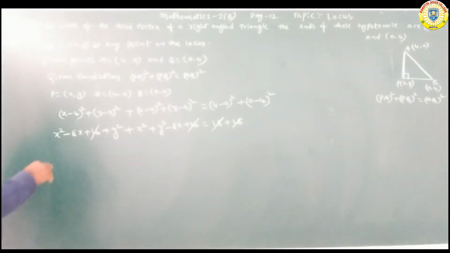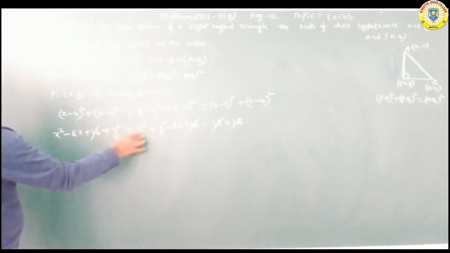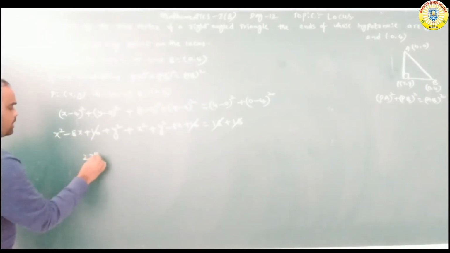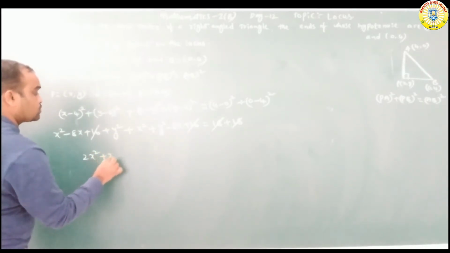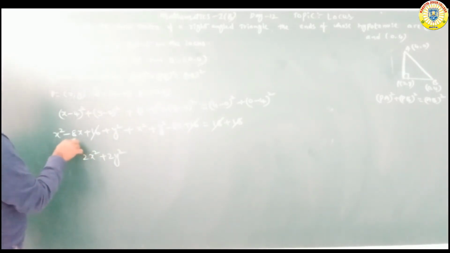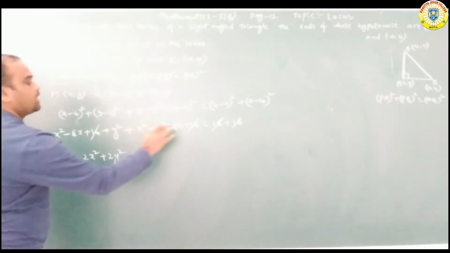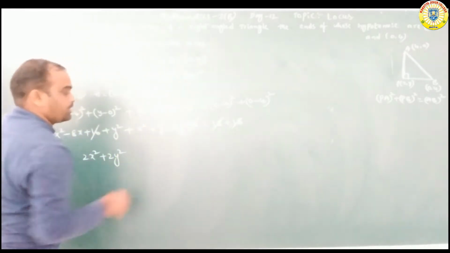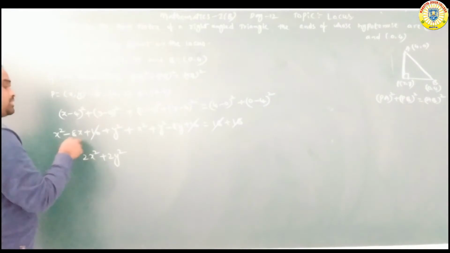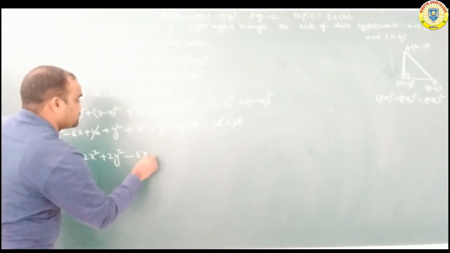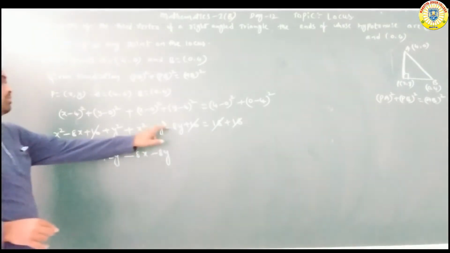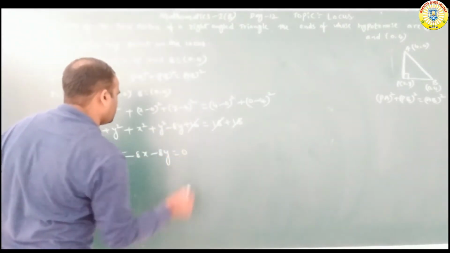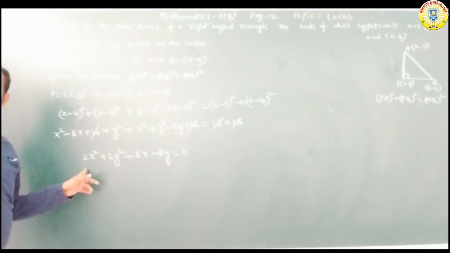Next we are simplifying this one. x square plus x square is 2x square. y square plus y square is 2y square. Minus 8x, minus 8y, is equal to 0. In all the terms we can take 2 as the common value.